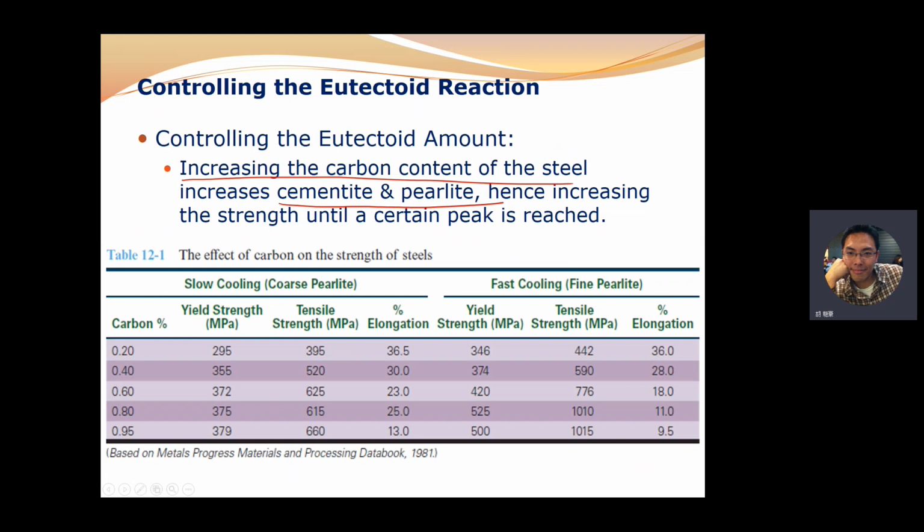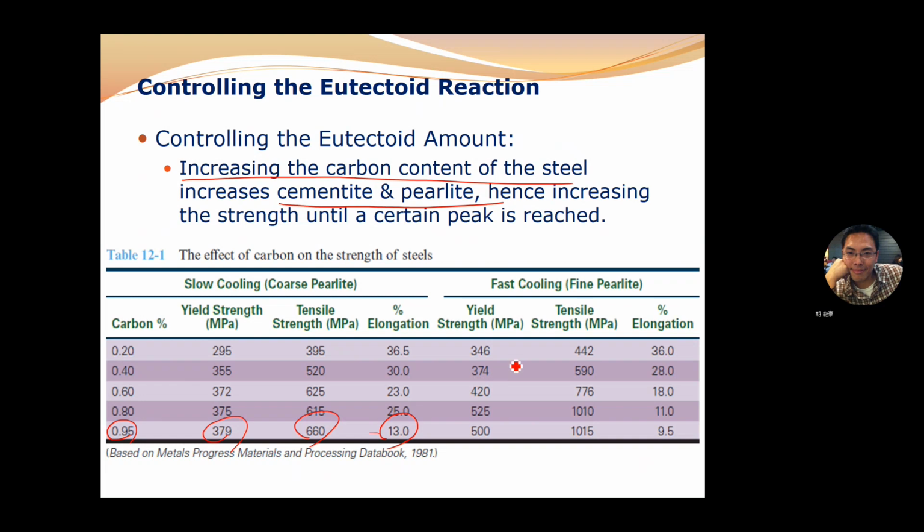That means its strength will be enhanced. Therefore we can look at this table, which shows the carbon content corresponding to some mechanical properties. For example, when this carbon content reached 0.95%, its yield stress reached the highest, and its tensile stress reached the highest. But its elongation, that means its ductility, reduced.